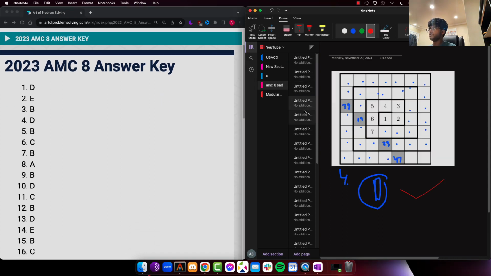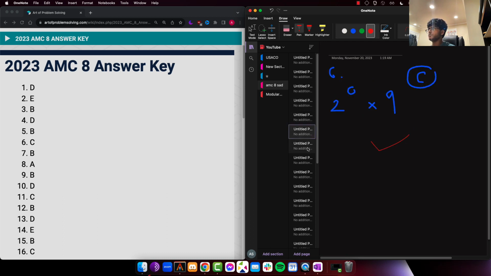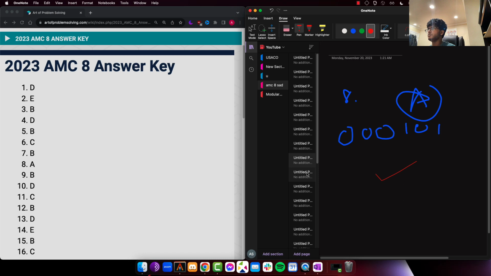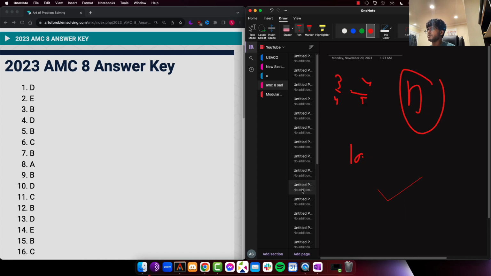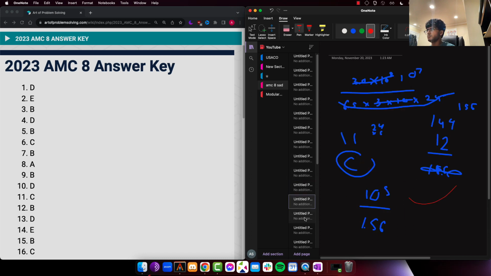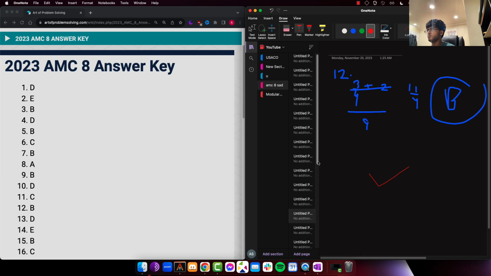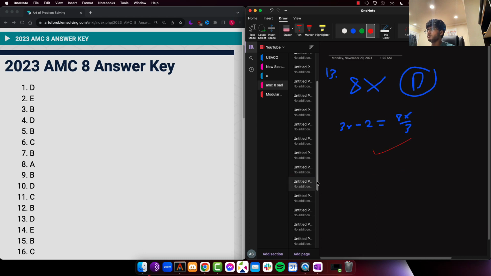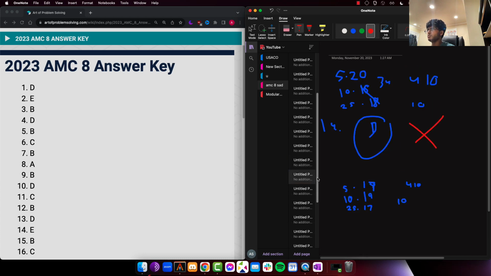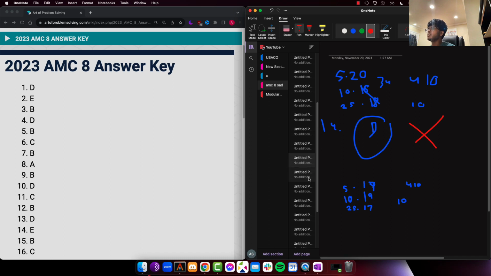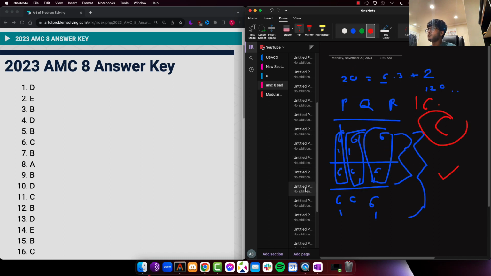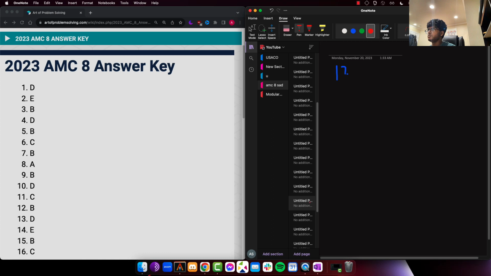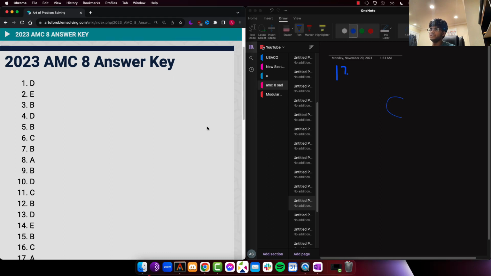So 1, 2, 3, 4, 5, 6, 7, 8, 9, 10, 11, 12, 13, 14, 15, 16, 17. 17 we're putting C because we did not.